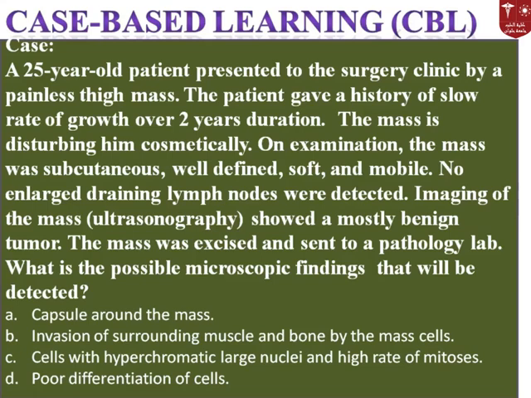The mass was excised because the patient is disturbed by the cosmetic appearance of the mass, and sent to a pathology lab. And always know that any excised tissue from the body must be sent for pathological examination to rule out malignancy, to exclude any hidden malignancy.